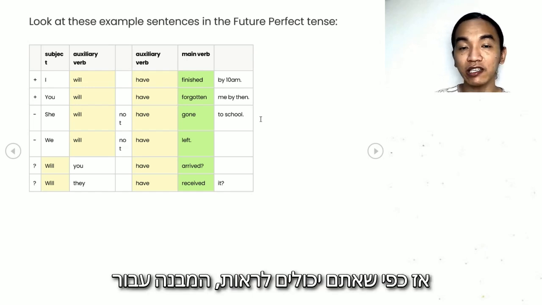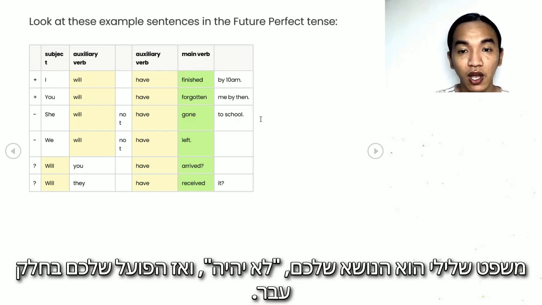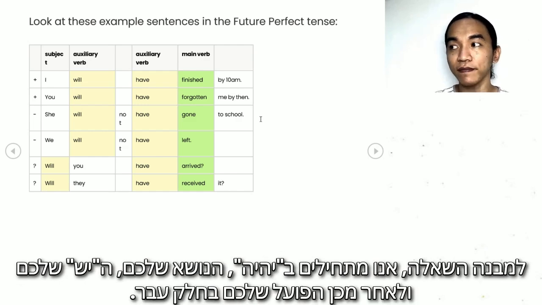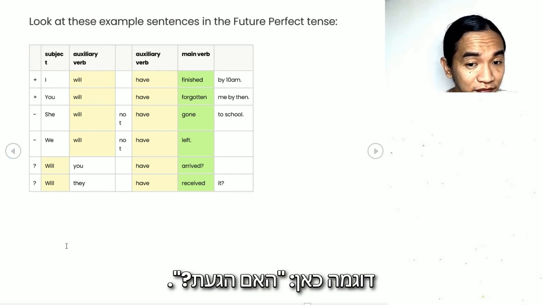So as you can see, the structure for negative sentence is your subject, will, not, have, and then your verb in past participle. For question form, we start with will, your subject, your have, and then your verb in past participle. Example here, will you have arrived?